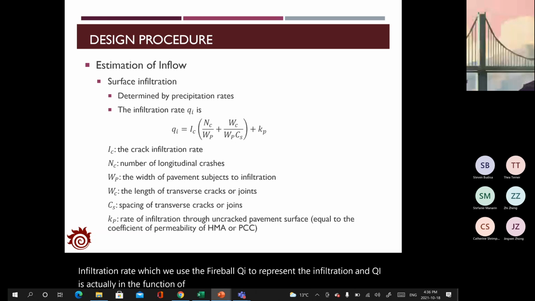And WC is the length of the transverse cracks or the joints where the water can easily enter the lower pavement layers. And the CS is the spacing of the transverse cracks or the joints.